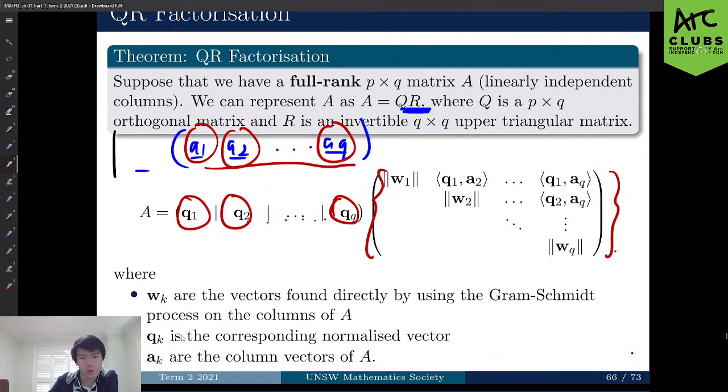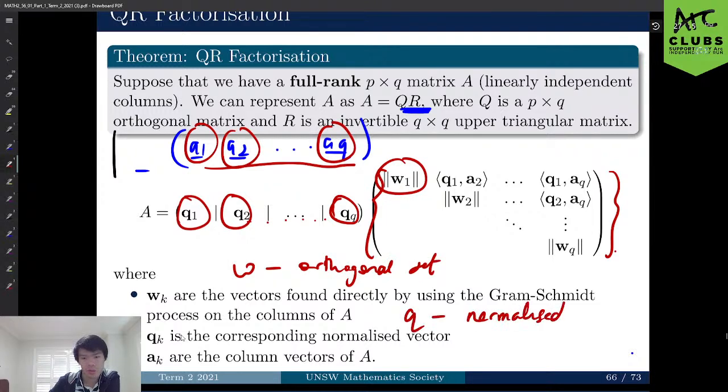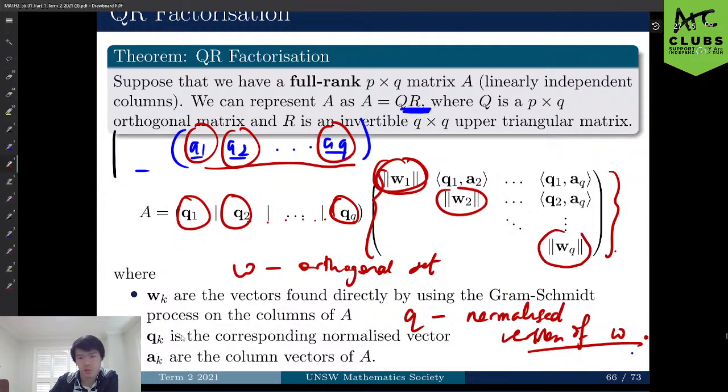So we remember from the Gram-Schmidt process, first of all, we find W. W is the set in the orthogonal set. And Q is what we get once we normalize it. So what we have is W1 all the way down to WQ as the diagonal, and then we'll have all of these inner products.